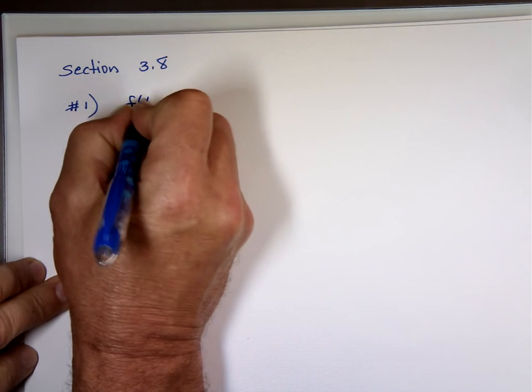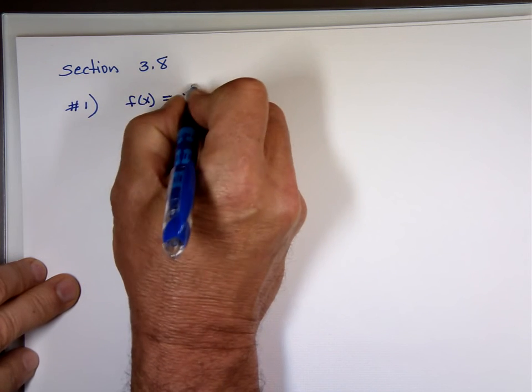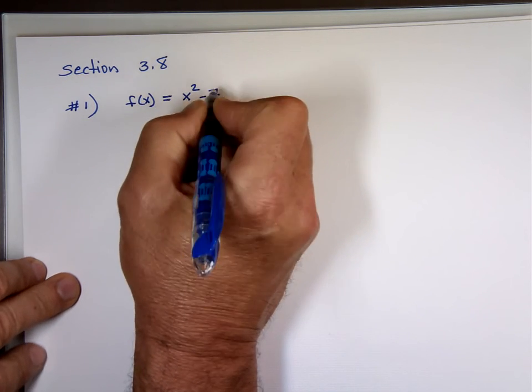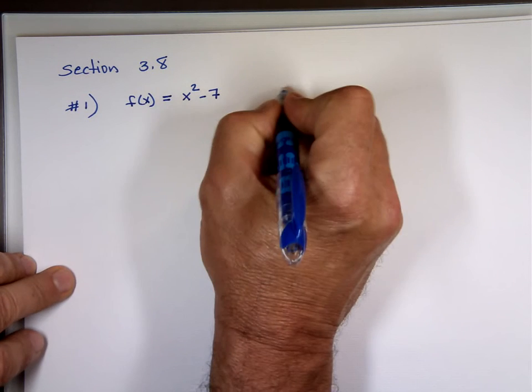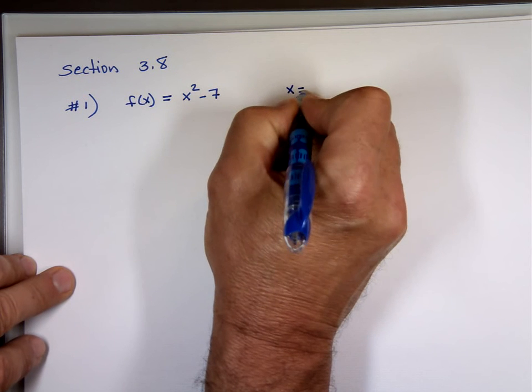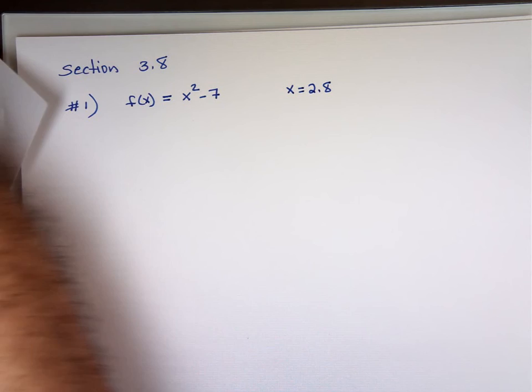f of x equals x squared minus 7. And we wanted to find the root. And listen, let's start with the value of 2.8. And if you remember, that's a table. I forgot that section there.